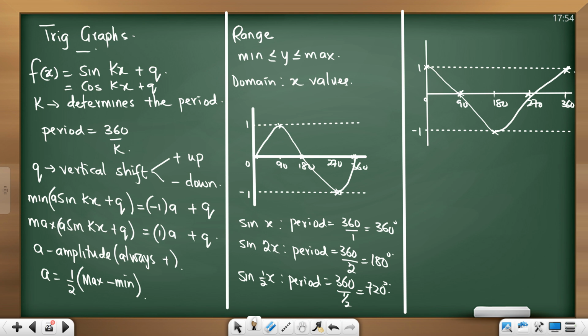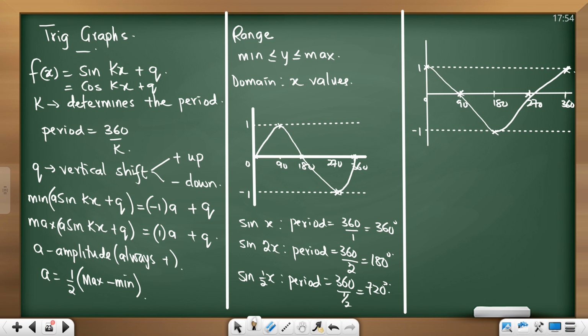The graph can be shifted, the graph can be expanded, the graph can shrink. So many things can happen to the graph based on A. A is the amplitude, it will affect the minimum. Q is the vertical shift, graph up or down. What about K?